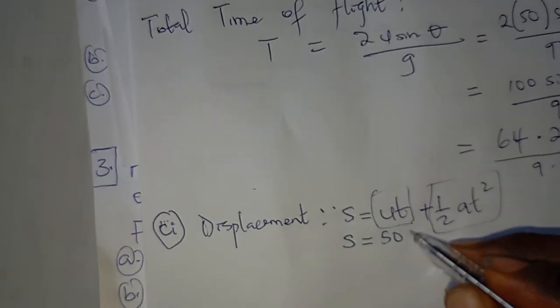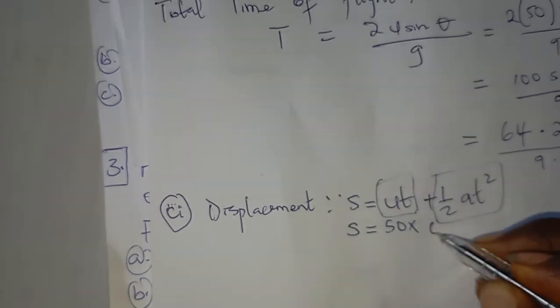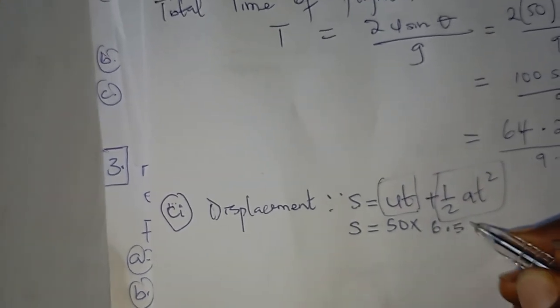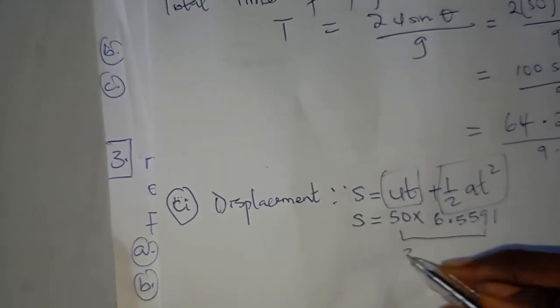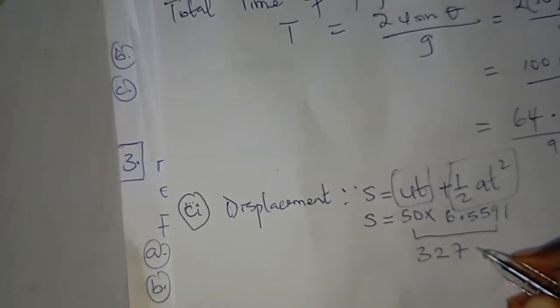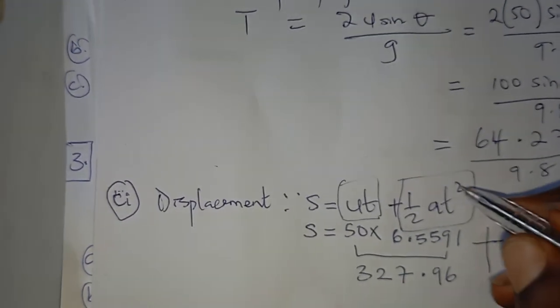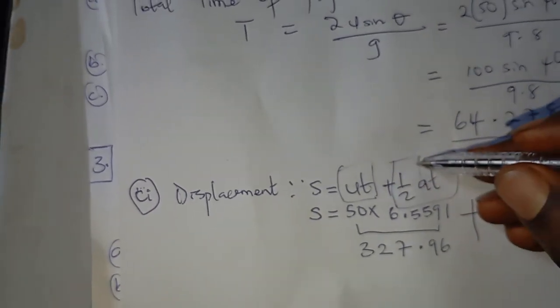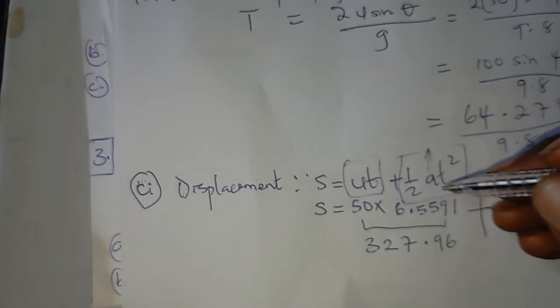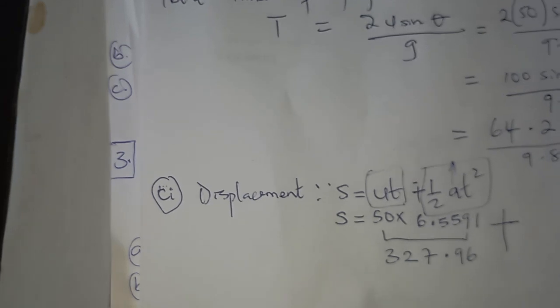So this is going to be 50 times 6.5591, which will give me 327.96, then plus the vertical part, because I know that on the vertical axis there is gravity.